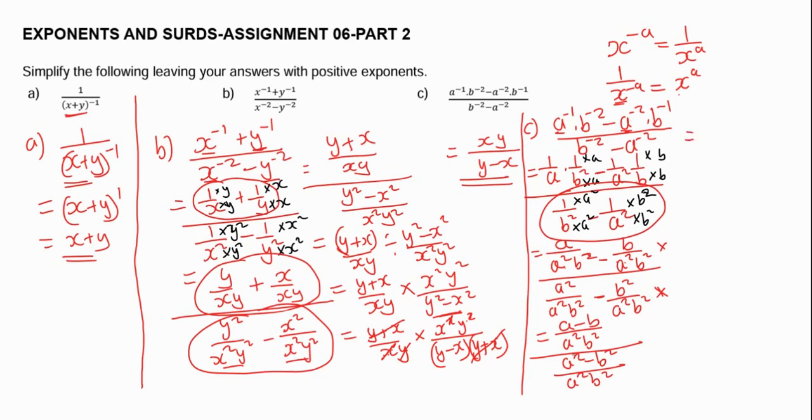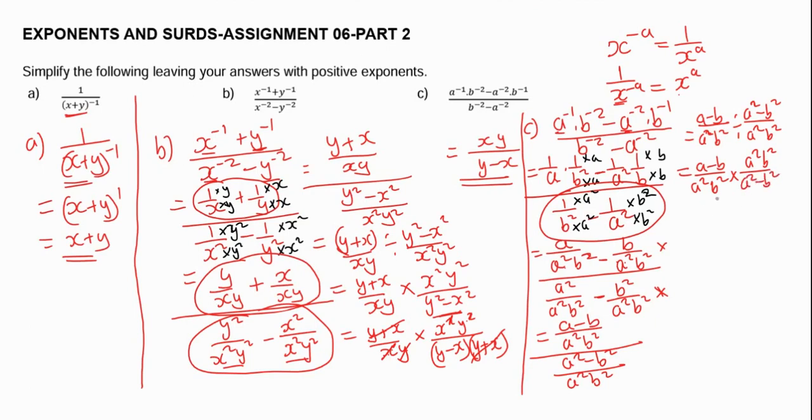And then what are we left with? We have a minus b over a squared b squared divided by a squared minus b squared over a squared b squared, which is equal to a minus b over a squared b squared times a squared b squared over a squared minus b squared.